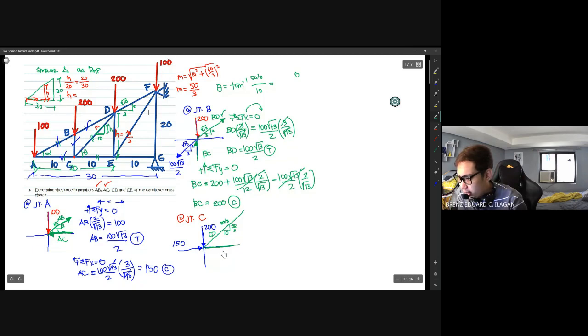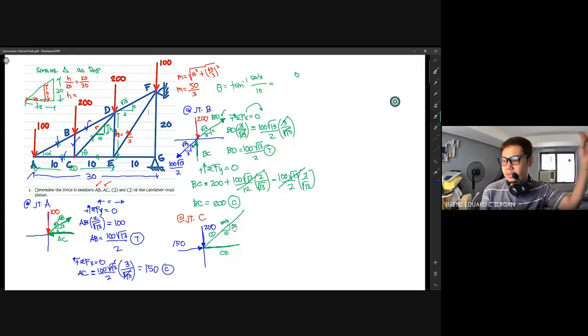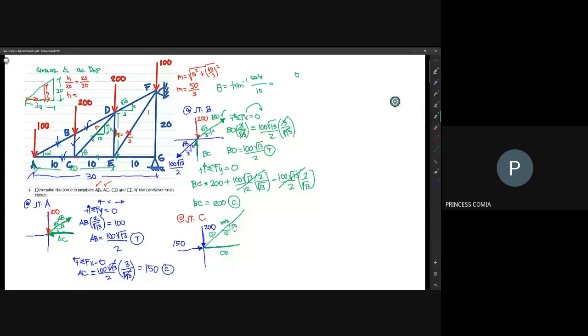Ayan, CE. So, sige guys, I'll give you the chance to analyze this. Alin kaya yung kailangan nating unahin? Is it CD or CE? And pasaan yung magiging direction ng force ng member na yun? CD po, sir.